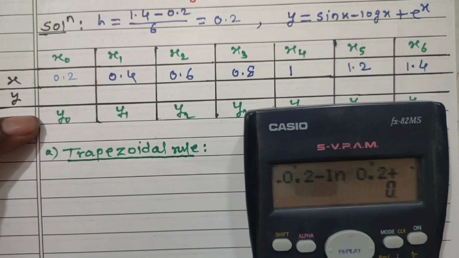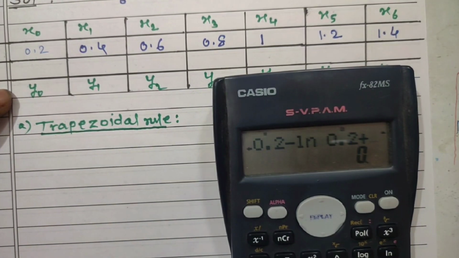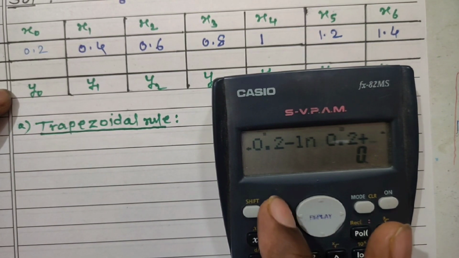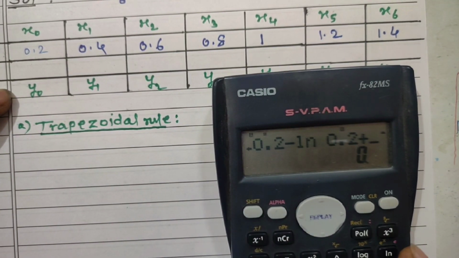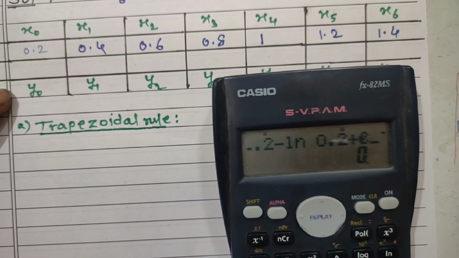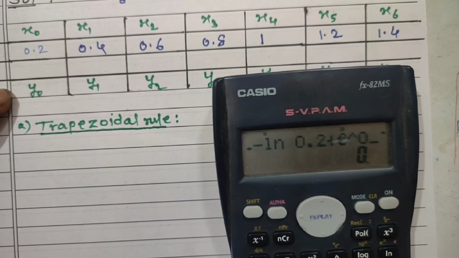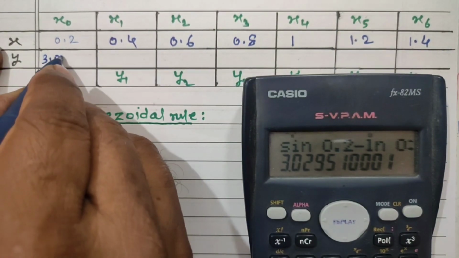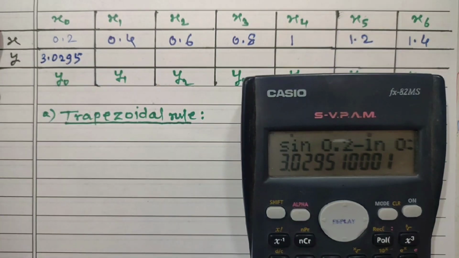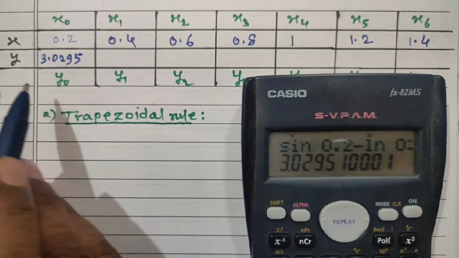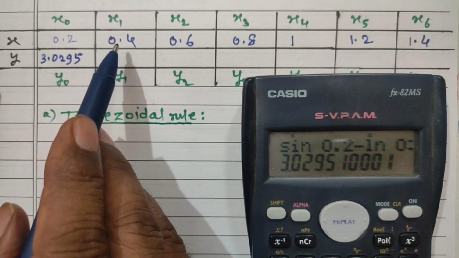How can we obtain e to the power x? Here first of all press this button and then go to natural logarithm, that gives e to the power x, and x is 0.2. This gives 3.0295.